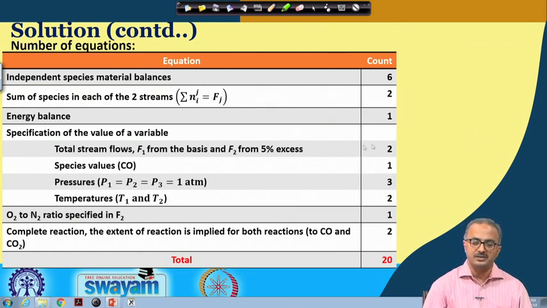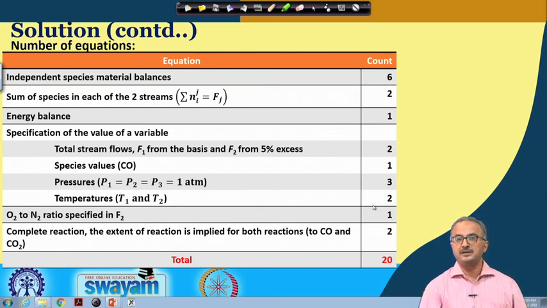For this particular set, as you can see, we have specified the pressures, temperatures, etc., and this oxygen to nitrogen ratio in the feed stream. And we are assuming complete reaction, the extent of reaction is implied for both reactions, etc. So we have specified all these variables.